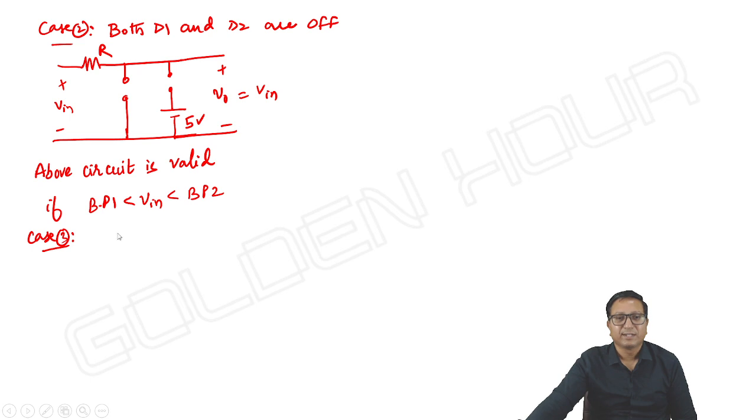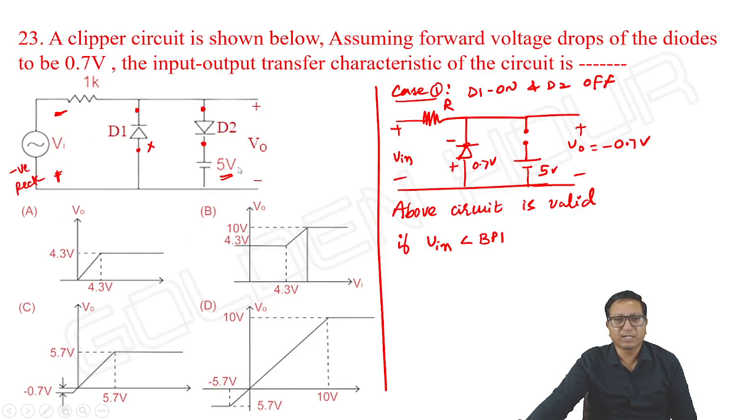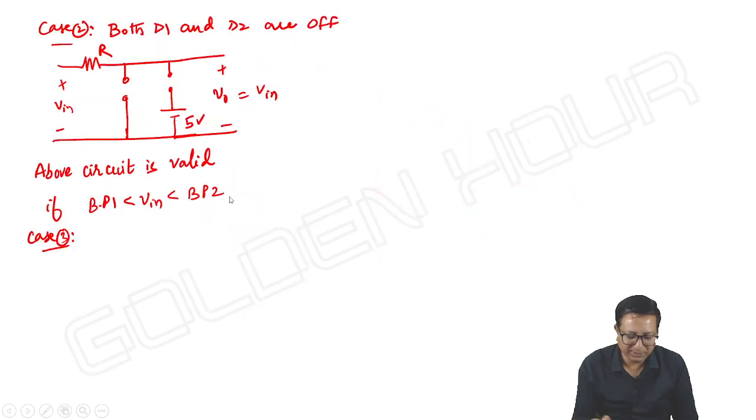And third case, case 3: input is greater than 5 volts, or greater than breakpoint 2. Then D2 starts conducting. D1 is off and D2 is on. Ideally it means a short circuit; practically, it maintains 0.7 volts across it.